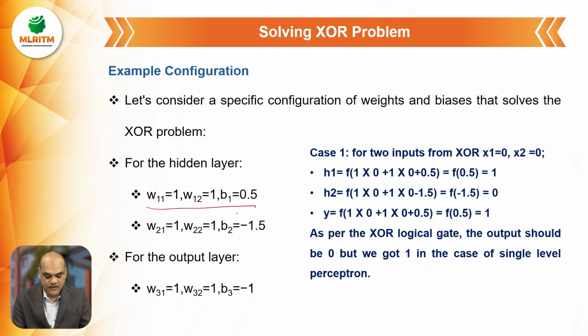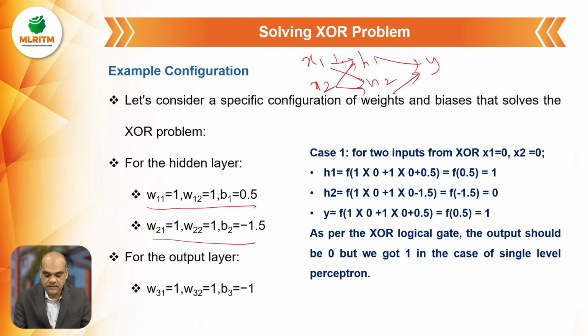I am taking random weights here: W11 equal to 1, W12 equal to 1, bias is 0.5. Second case, W21, W22. If we construct the simple network, the inputs are X1, X2, the hidden layer has 2 neurons, and then Y. So these weights I am defining here.